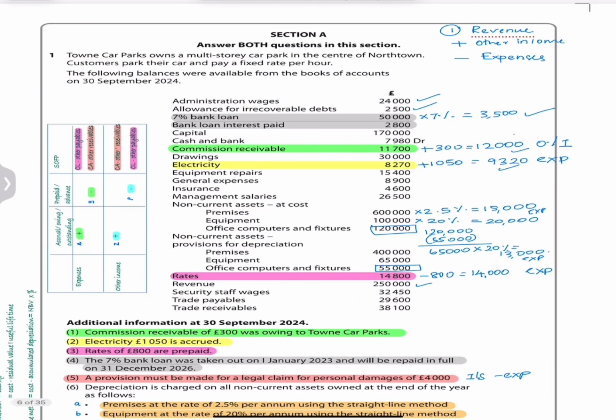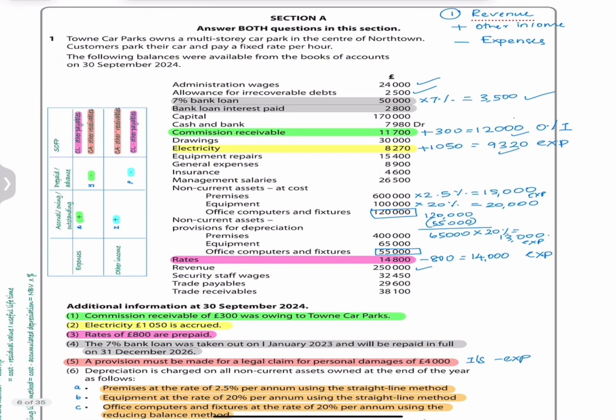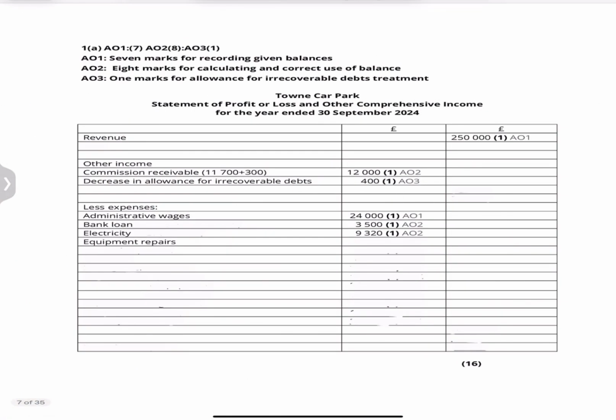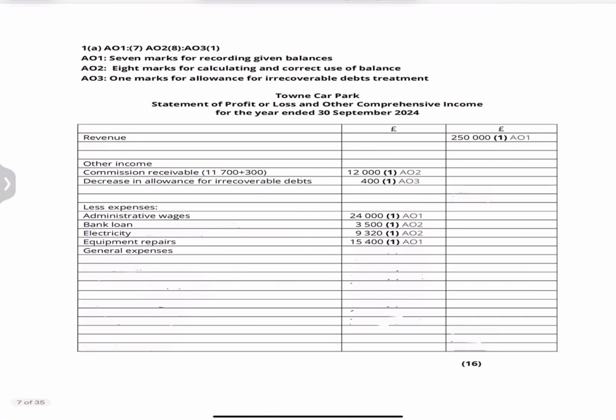Equipment repairs, let's see if we have any additional adjustments. There aren't any. So you have equipment repairs of 15,400, which needs to be entered over here. Next one, general expenses. Let's see, general expenses, no adjustments, 8,900. We'll enter it over.